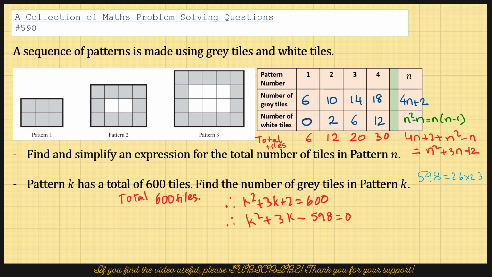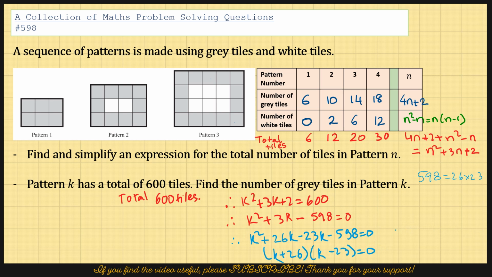So I can have k square plus 26k minus 23k minus 598 equals 0. Then taking k outside the bracket, k plus 26 times k minus 23 is 0.